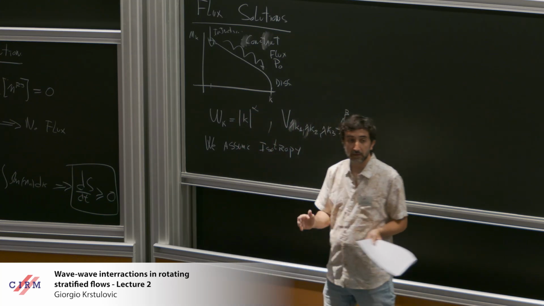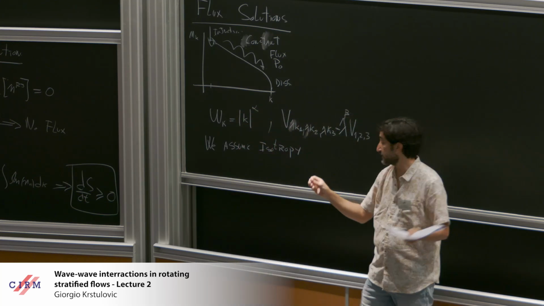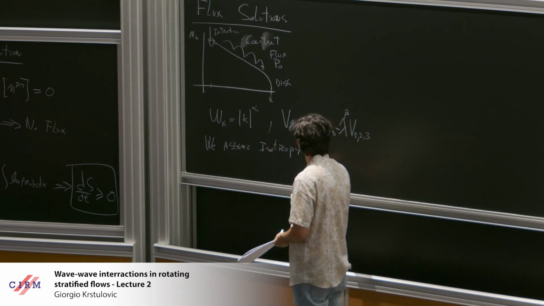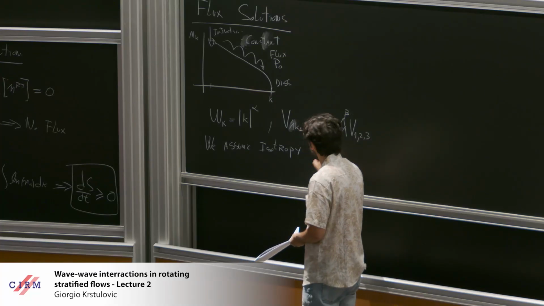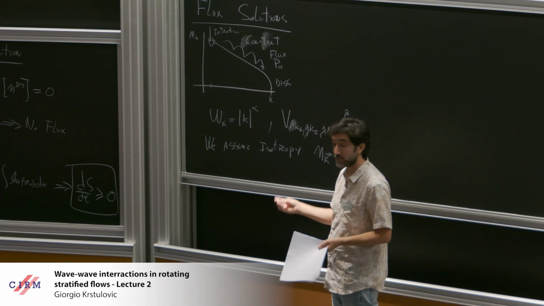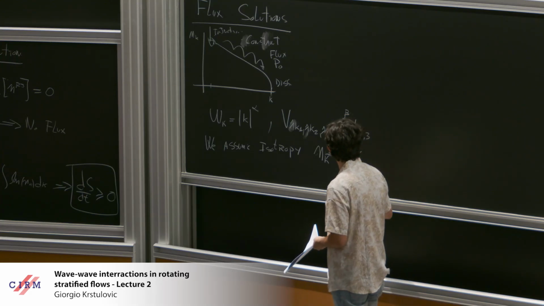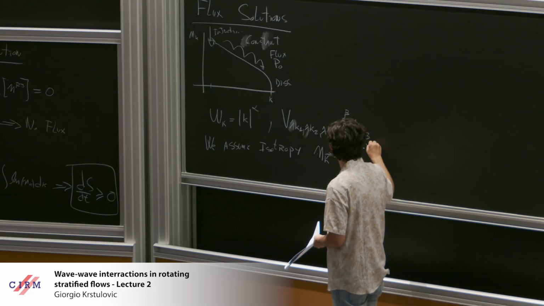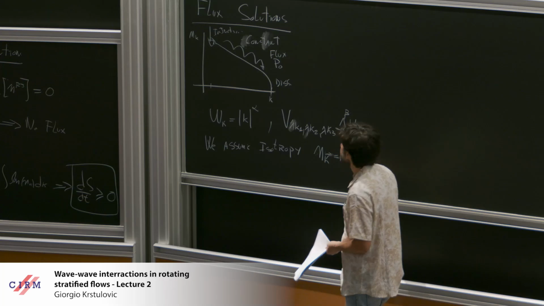What does it mean? It does mean that there is no angular dependence. So if I look for the wave action spectrum, which is a priori a function of the vector k, this will be just a number a, which I don't know, times the modulus of k to some power nu.